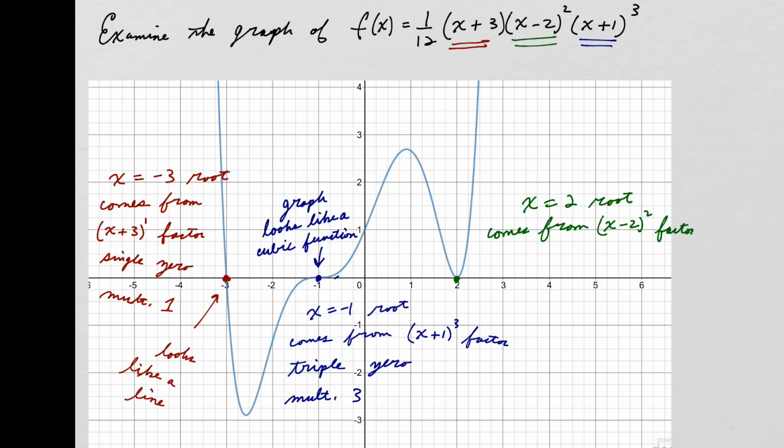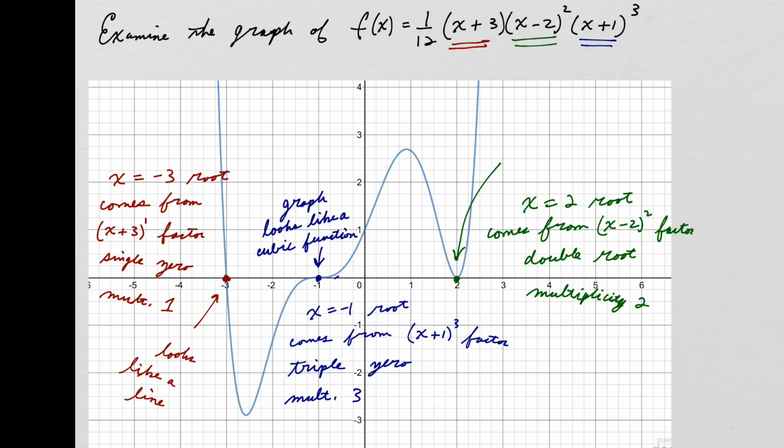So it comes from this factor. So this is basically a double root, or you could say it has multiplicity 2. So double root has multiplicity 2. And what does the graph look like close to that root? It looks like a parabola, a quadratic function close to the root.